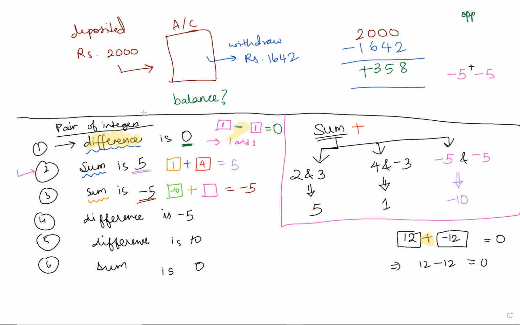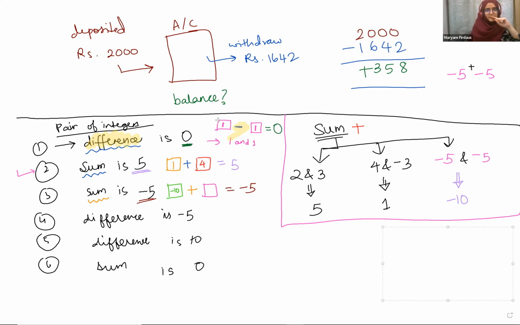Now can you tell me in the third one, what is it going to be? It will be 5. Yes, that's right. It will be 5 because minus 10 plus 5 will be equal to minus 5.